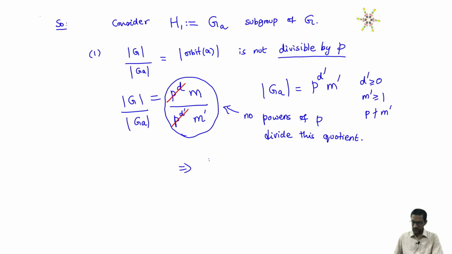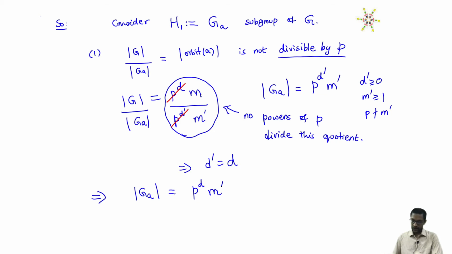This means that the only way this could have happened is if this power D prime was actually equal to this power D. In other words, we have constructed a subgroup GA whose cardinality is P to the D times M dash, the D being the same D as for the original group.